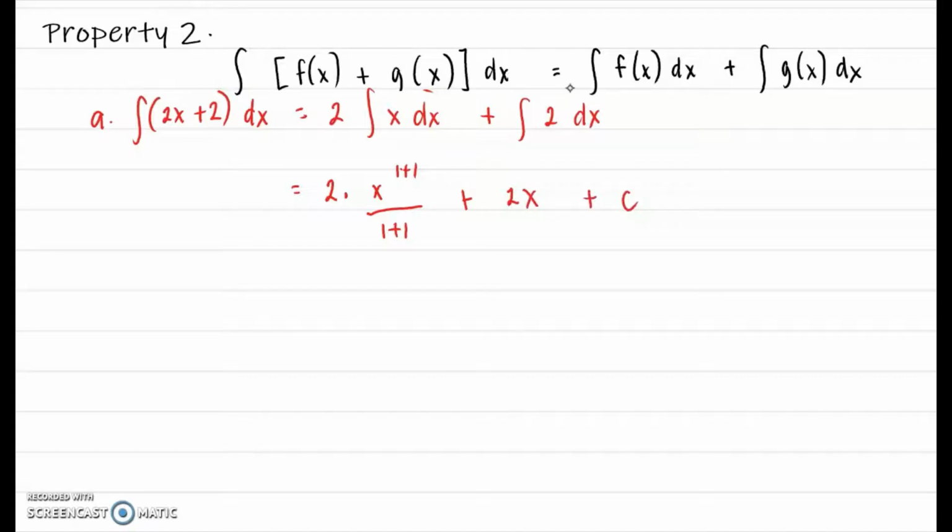Now plus c. So you have now 2 times x squared over 2 plus 2x plus c. We can divide out 2. So our final answer now would be x squared plus 2x plus c.